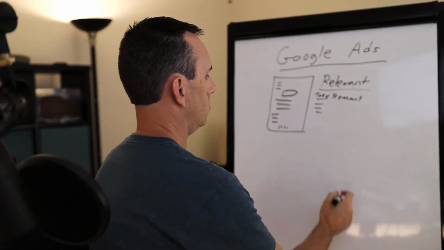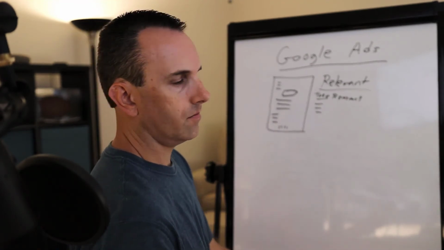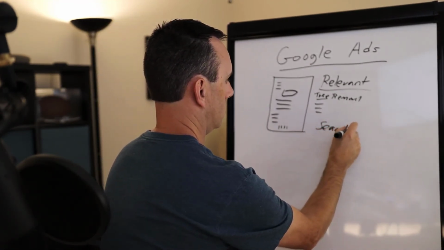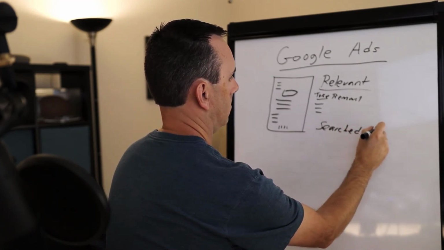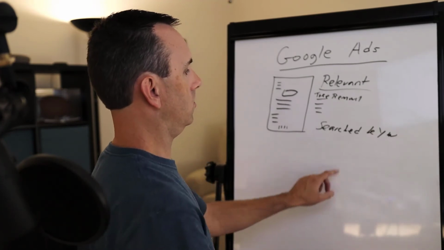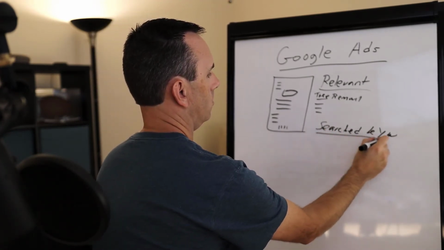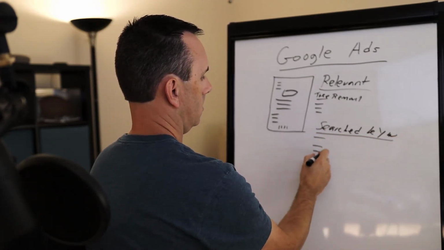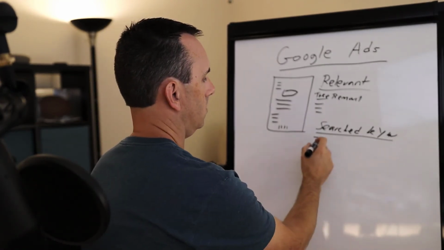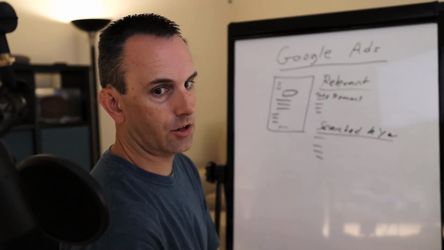In your Google console, you can search for something called search keywords. Search keywords shows you all the keywords that your ad was actually shown for. These are the keywords that people actually typed into Google to see your ad.